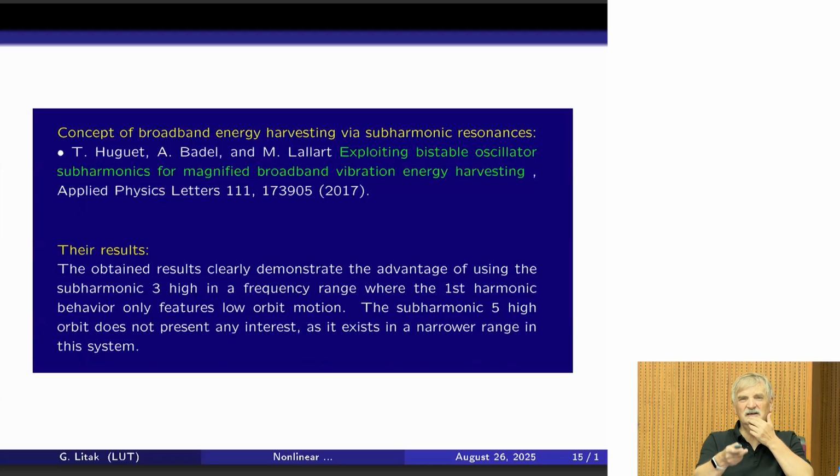And here I think it's the third one. I told you about these subharmonic solutions. Subharmonic solutions were investigated in 2017 by a French group. This is the first paper of this group, followed by maybe two others. In the first paper they studied an electromagnetic system, in the next a piezoelectric one, but it is the same phenomenon.